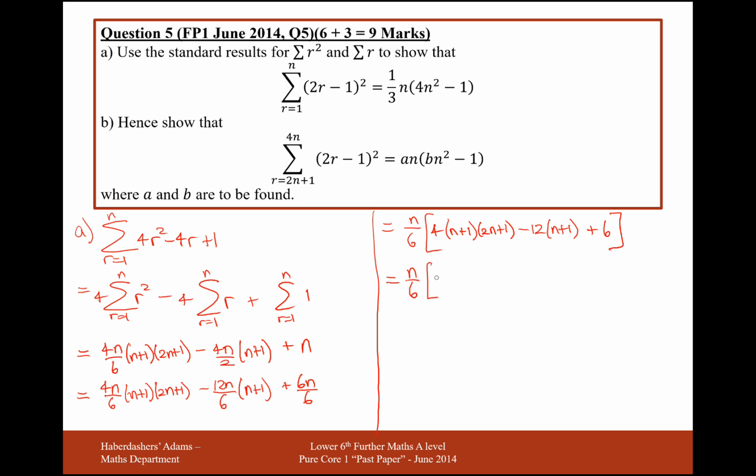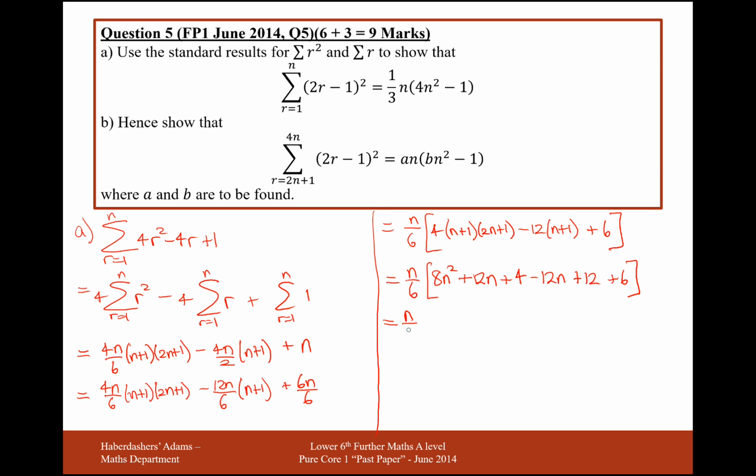So 2n squared times 4 is 8n squared. Then I get a 2n, add another n is 3n, times by the 4, I get plus 12n. And then the next one is 1 times 1 is 1, times by 4, so add 4. The next term is going to be take away 12n and take away 12. Don't forget to expand brackets properly, and then add on 6.